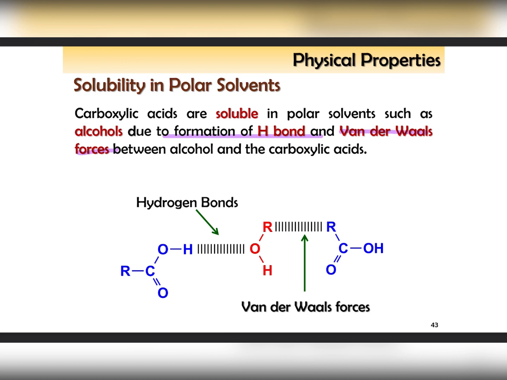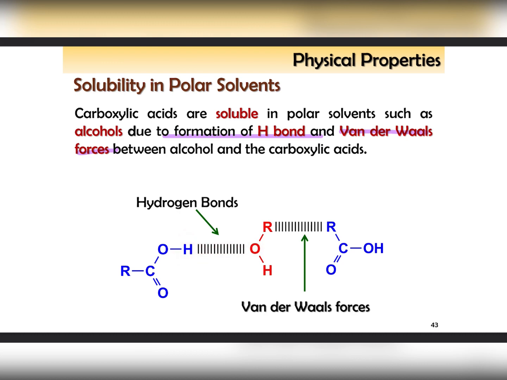Okay, so this is because you can form hydrogen bond and also you have van der Waals forces between alcohol dan juga carboxylic acid. So, kalau hydrogen bond, ingat H, handphone. Hydrogen dengan FON. So, in this case, hydrogen dengan O daripada alcohol.